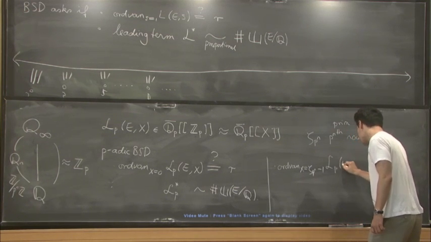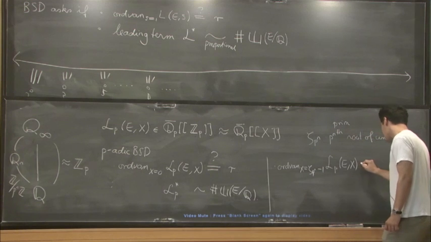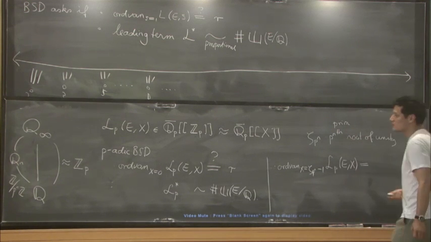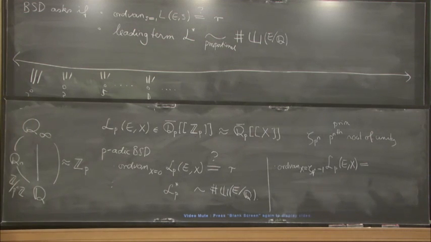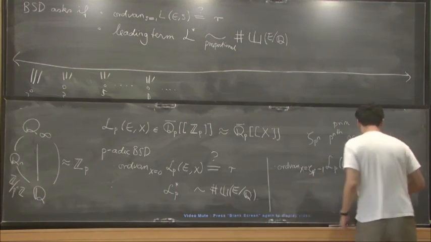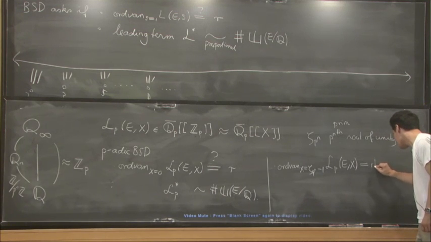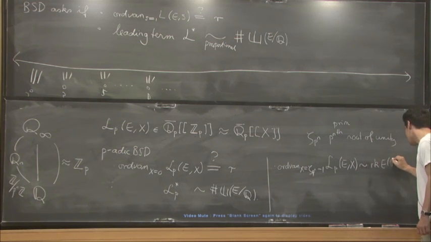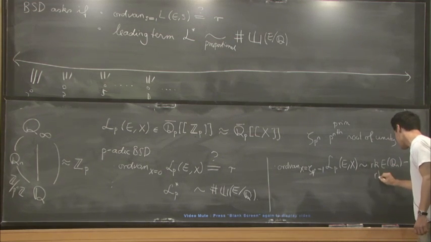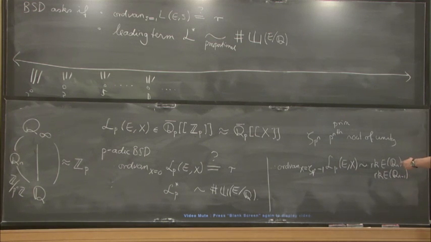And here the conjecture typically asks whether this is equal to the jump in the rank of the Q_n-rational points of the elliptic curve. Well, whether it's proportional to that. So the rank is the free part of this group of rational points of the elliptic curve as an abelian group.